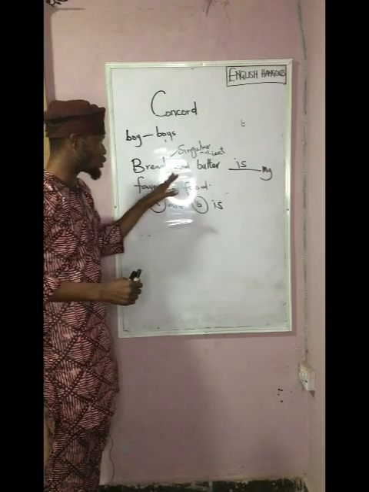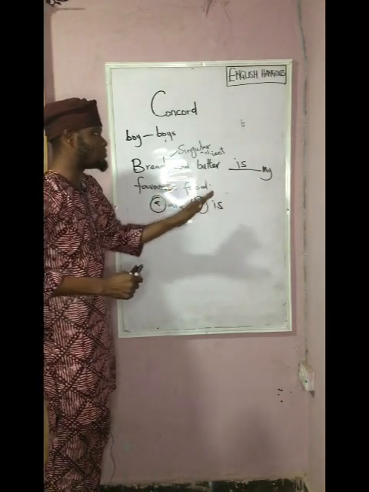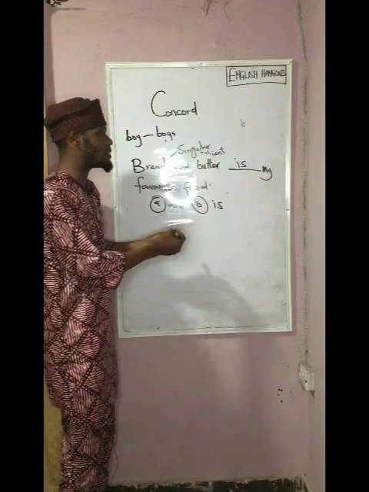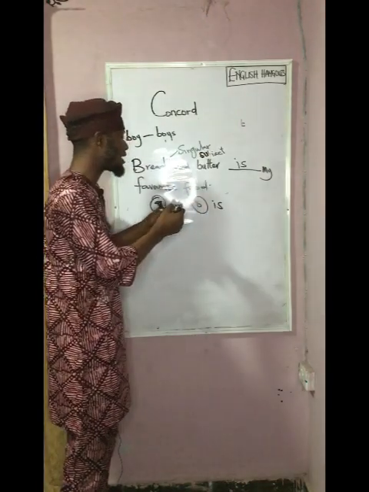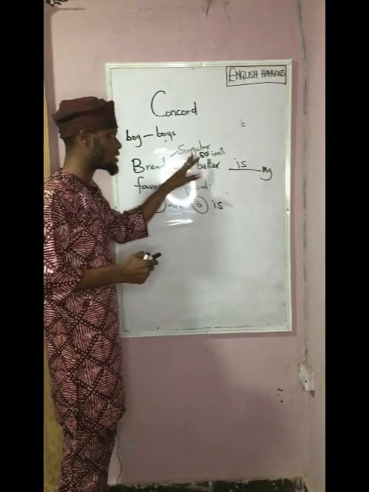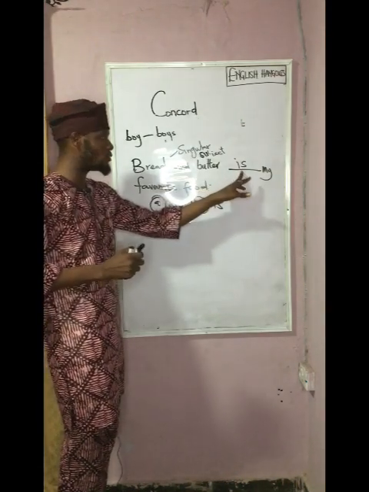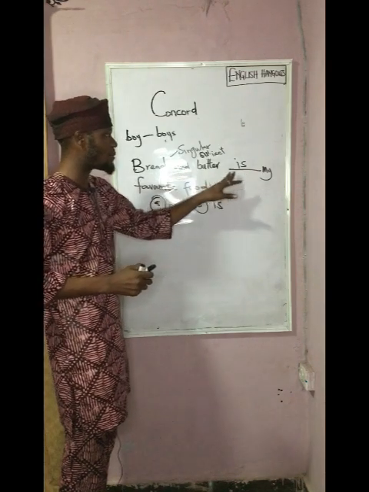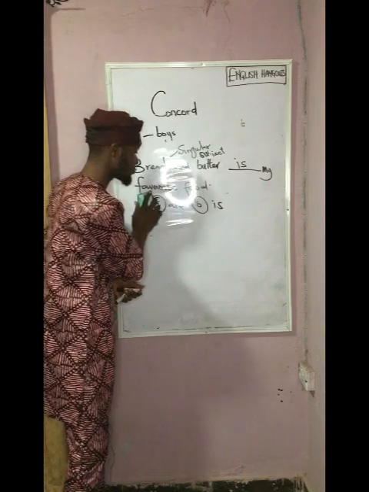But these two nouns go together as a meal. Therefore, they represent an entity. As a result, they are considered as what? Singular subjects. Therefore, they should attract a singular verb. Bread and butter is my favorite food.